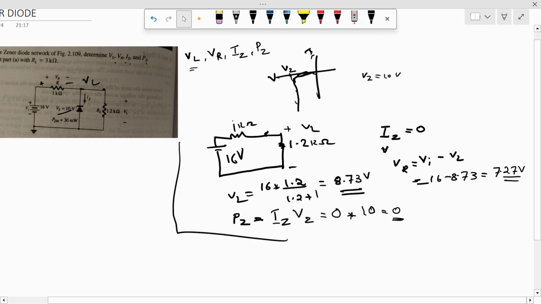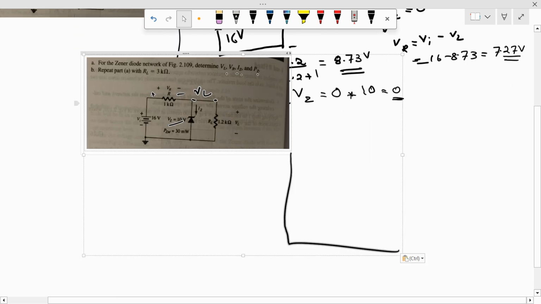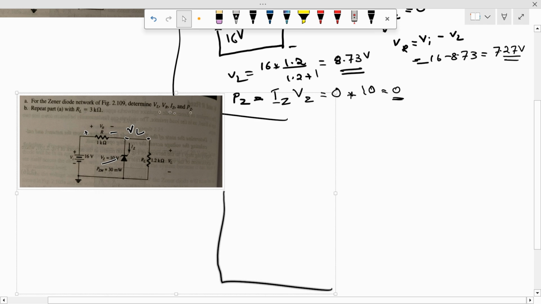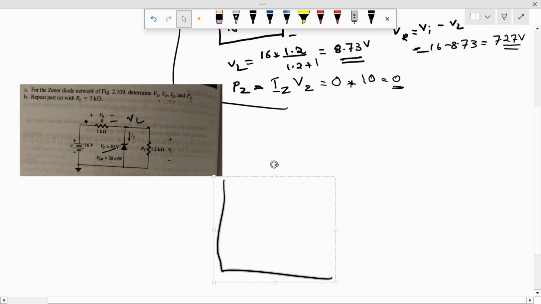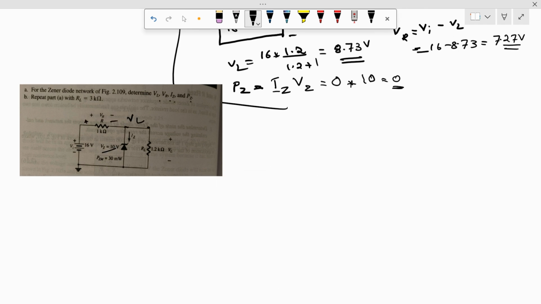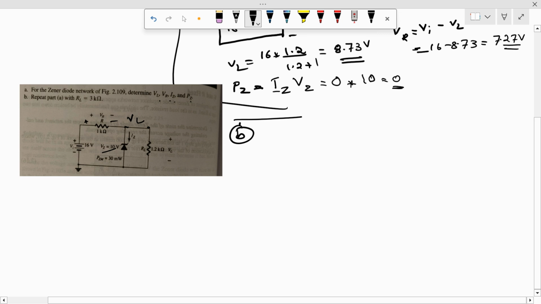We have to change the series resistor R. So this is our second part. In the second part we are asked to change the load resistor RL equal to 3 kilo ohm. So we are changing the load resistor, not the series resistor.